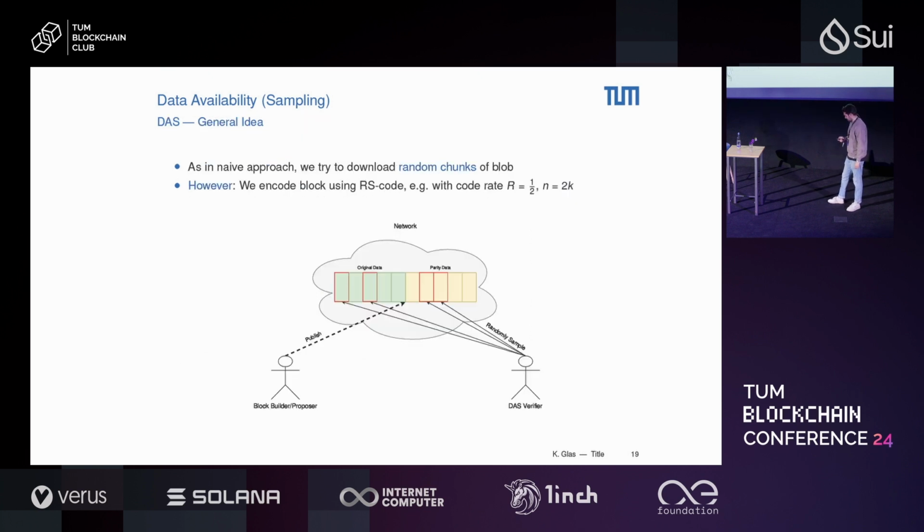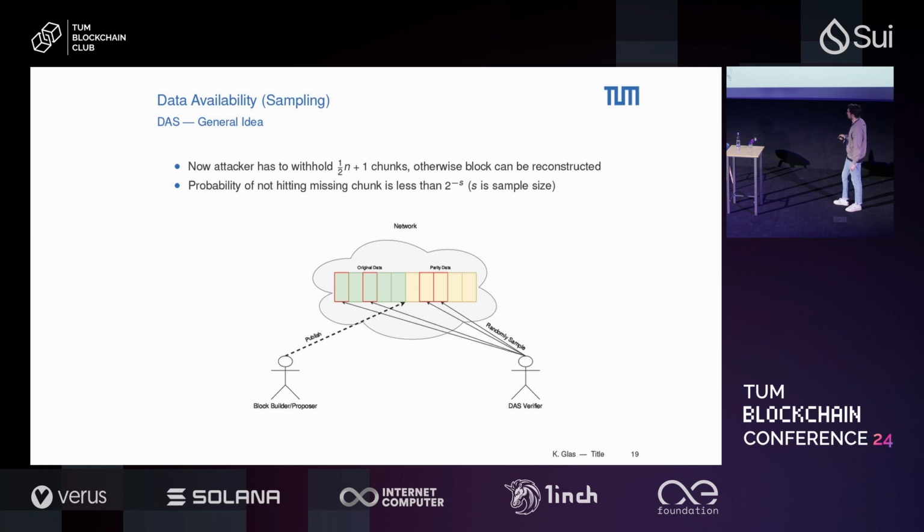Okay, now let's turn back to our example. How does this improve things? In this simple example, we simply append some parity data. Here, we double the data, so our coding rate is 1/2. Now if we do sampling again, in order for this data not to be reconstructible, the block proposer would need to not publish basically 1/2 plus 1 chunks.